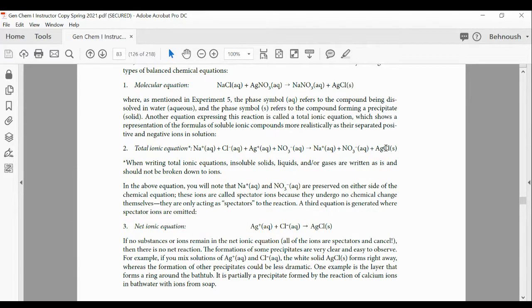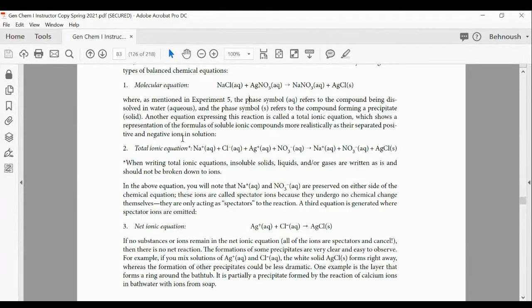If you have a liquid like water or Br2, then you leave it alone. If there is a formation of gas, you leave it alone. You don't touch it. Solids, liquids, and gases would stay the way they are. Leave them alone. Do not touch them. You only break down the compounds that are in aqueous solution, or soluble.